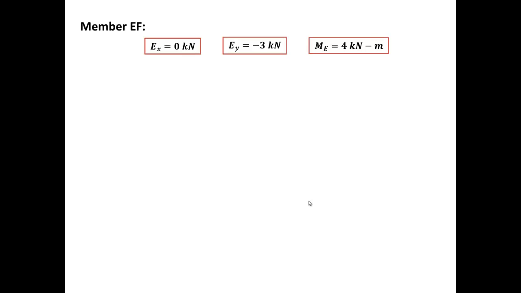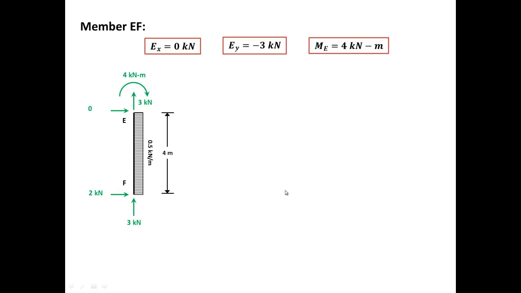This is what we have for member EF: EX equals 0 kilonewton, EY negative 3 kilonewtons, and ME equals 4. This is the member with the values.